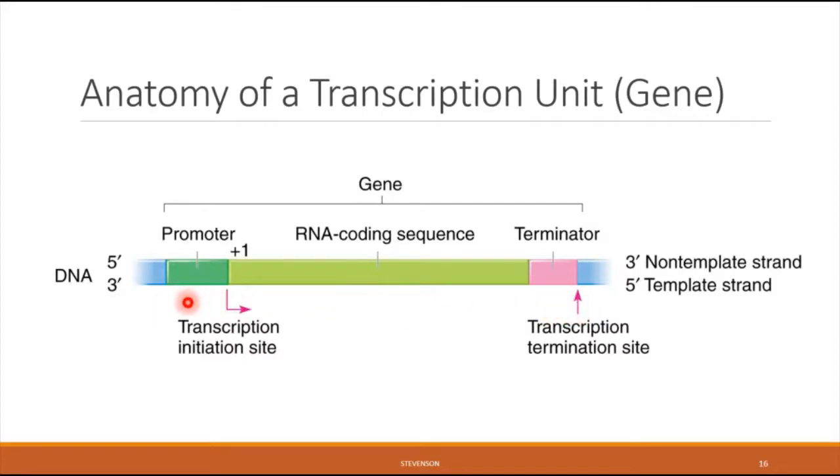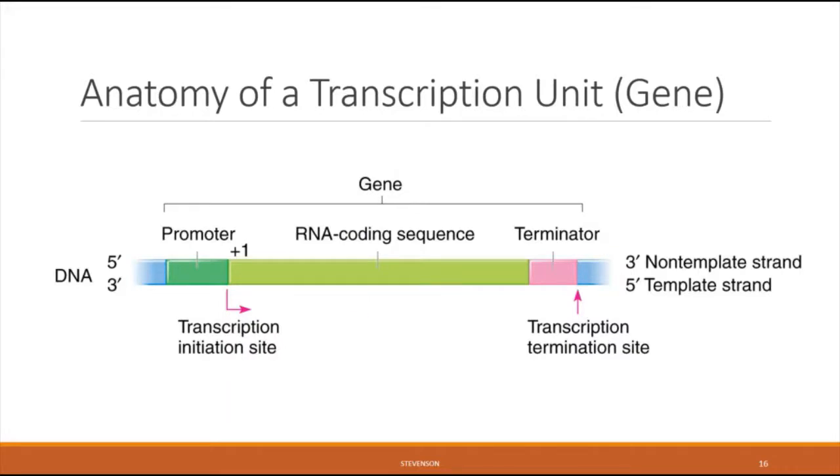The promoter is essentially a piece of DNA that comes before the gene, before the recipe, which says the recipe is about to start. The terminator is a little piece of DNA that comes after the gene, which says the recipe is over now. So we can kind of think about this as being like the front cover and the back cover of the book, which signify to you that things are beginning and things are ending, and everything in between is the recipe book.